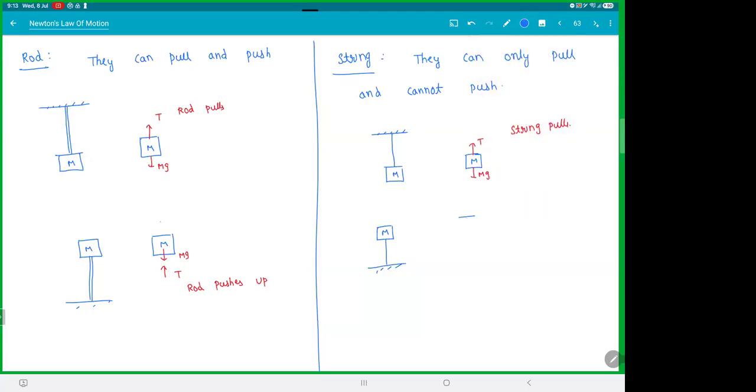But if you put something like this, the block will just fall down and the string becomes loose. Tension becomes zero. Clear with this?